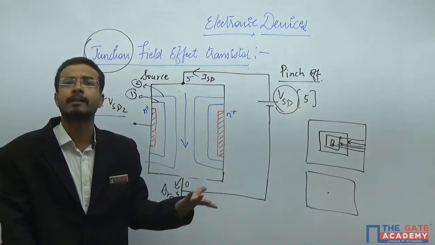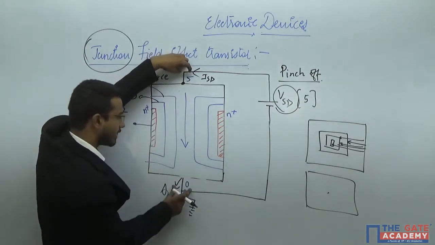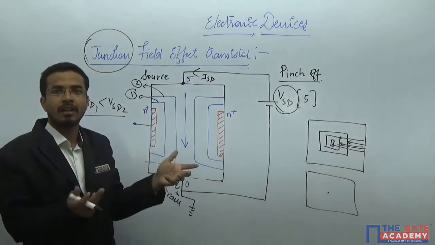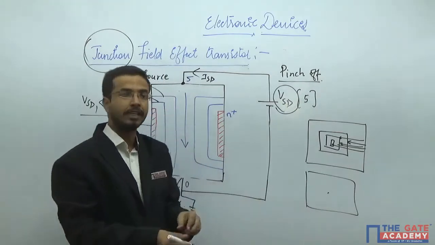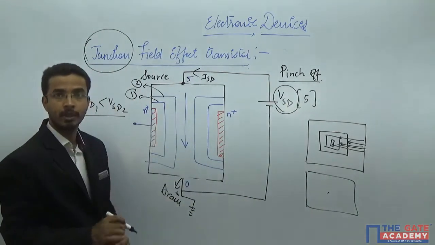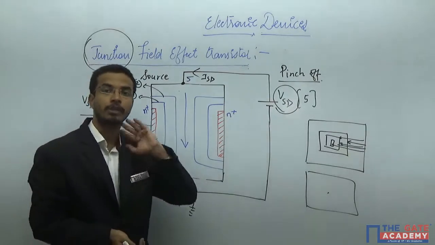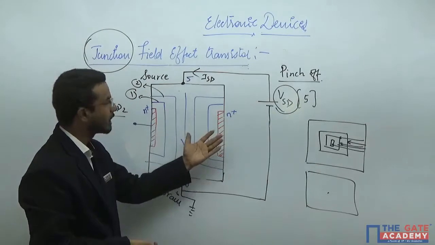But you know the practicality that if here it is 5 and here it is 0, you cannot reduce the voltage sharply from 5 to 0. Definitely this voltage drop will occur gradually from here to here. Now we will see how that effect will come into the device, and that will rupture the entire thing whatever you have studied till now.